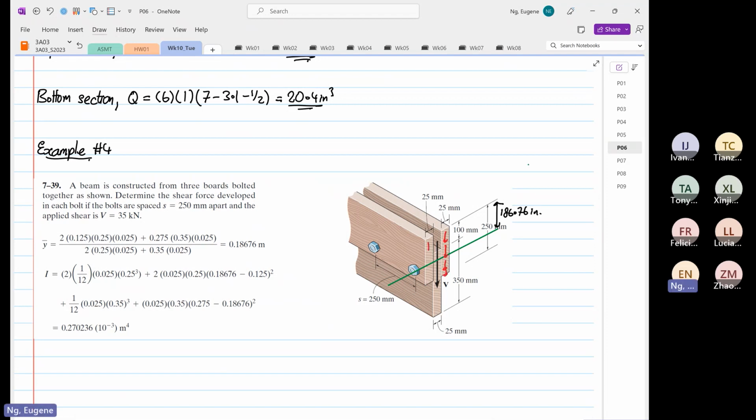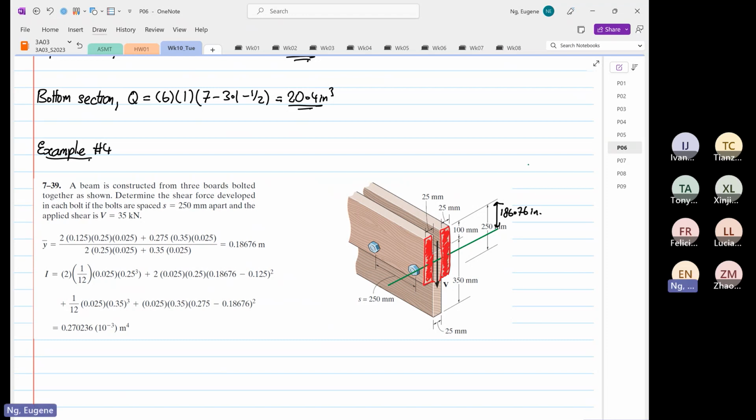So the first moment of area to take is this entire area. Now you tell me, Eugene, it crossed the centroid. You're right, it did. But only if the shear stress flows through the entire member will it transmit. So that is why you have to take these two areas, the entire area over here.